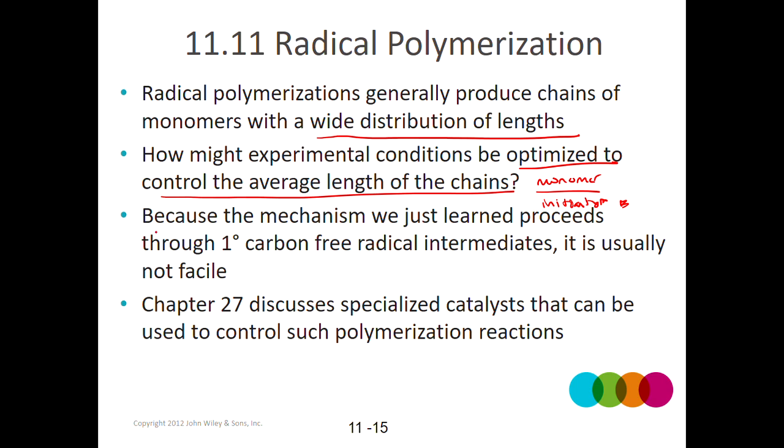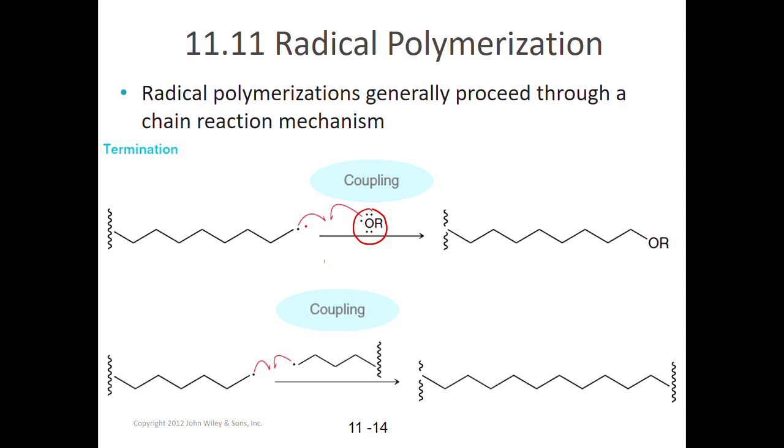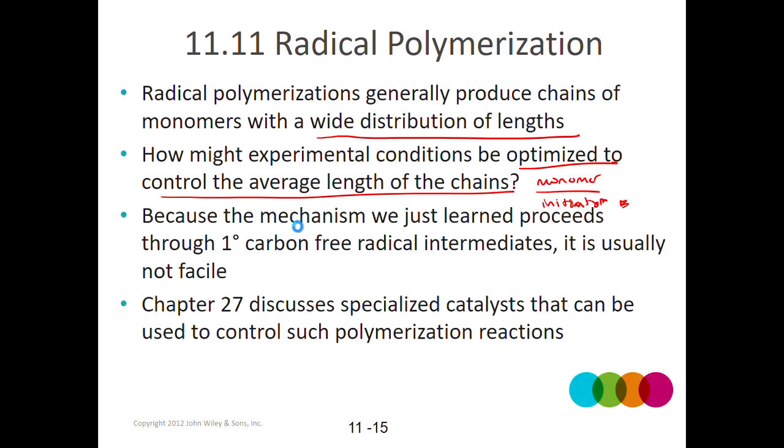As we said, this particular mechanism that we're describing involves a primary free radical, which is really unstable. So that's usually not something that happens easily. With other monomers, if you had a tertiary free radical, or especially a resonance stabilized one, that would polymerize so readily, it might start happening in the bottle just when you're storing it.